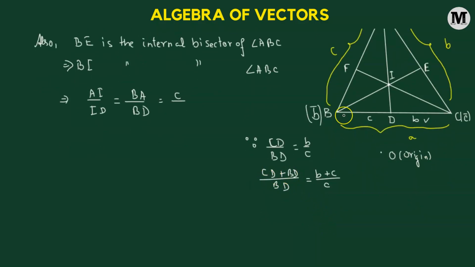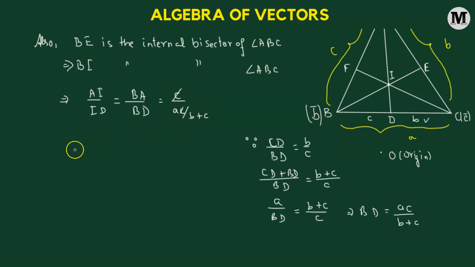Now CD added to BD is nothing but the length A. So A over BD equals B plus C over C. Arranging for BD, BD comes out to be AC divided by B plus C. That means we can substitute BD with AC over B plus C.